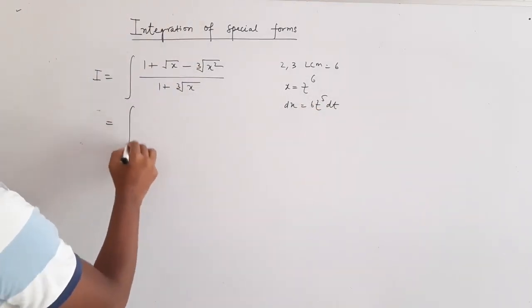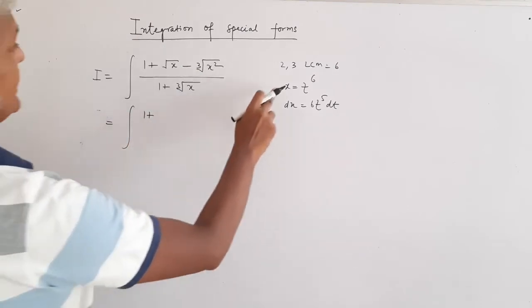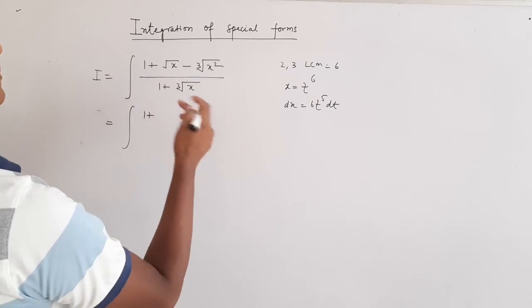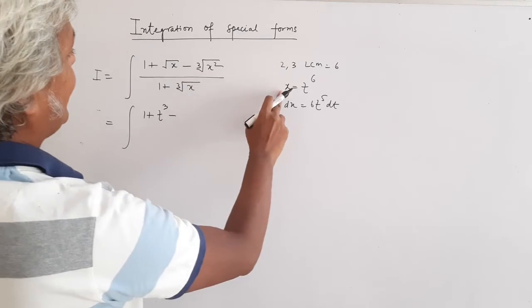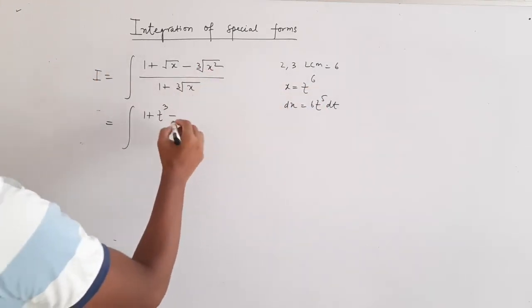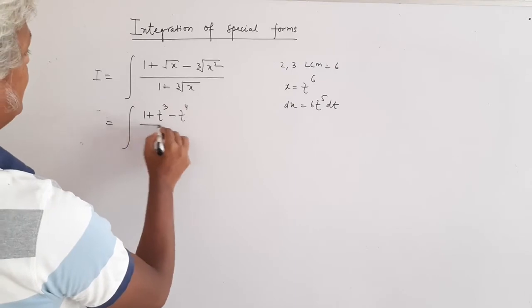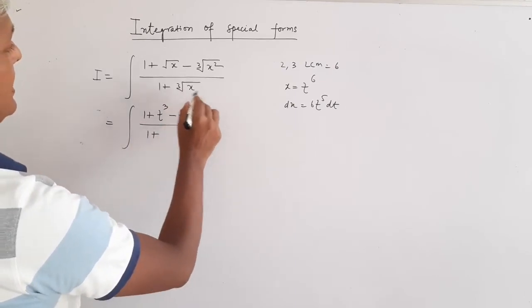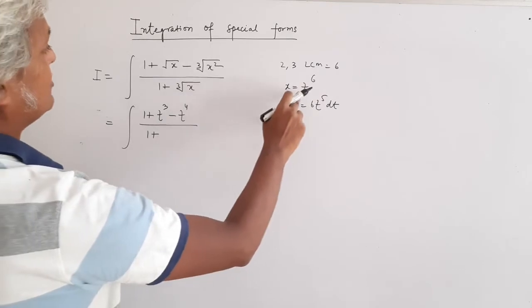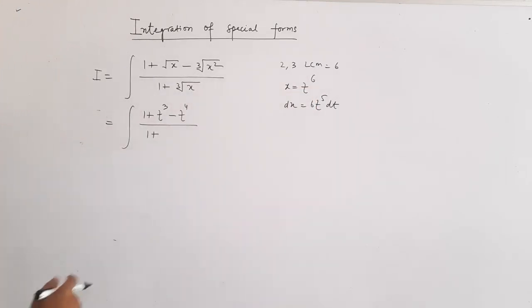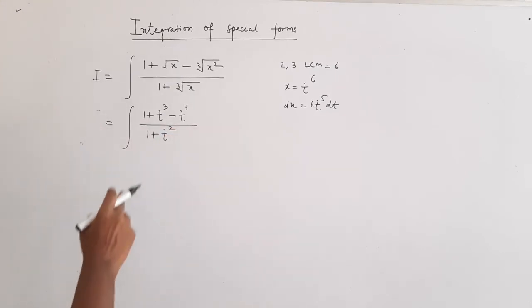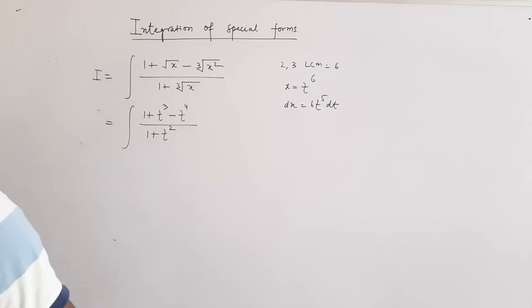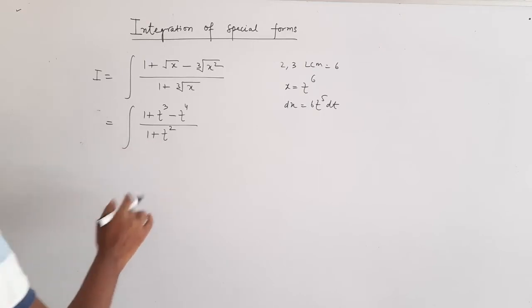Then our expression becomes 1 plus x is t to the power 6, so t to the power 6 to the power half, that is t to the power 3, minus x square, that is t to the power 12 whole to the power 1 by 3 is t to the power 4, over 1 plus x to the power 1 by 3 means t to the power 6 whole to the power 1 by 3 is t to the power 2. So we have got a term like, in the numerator we have a polynomial of degree 4 and in the denominator we have a quadratic term.